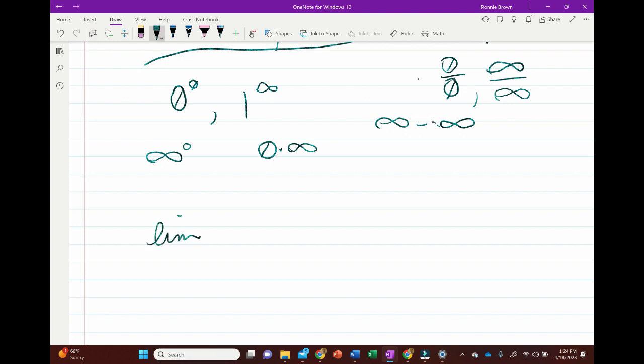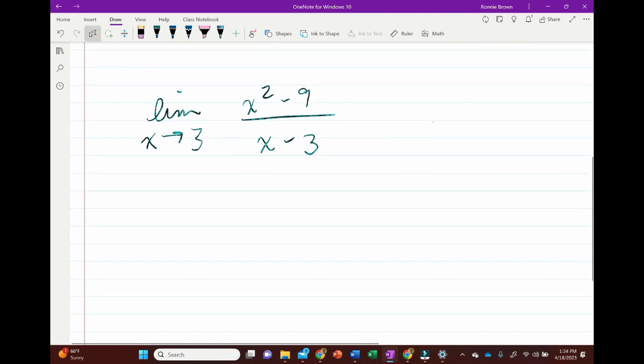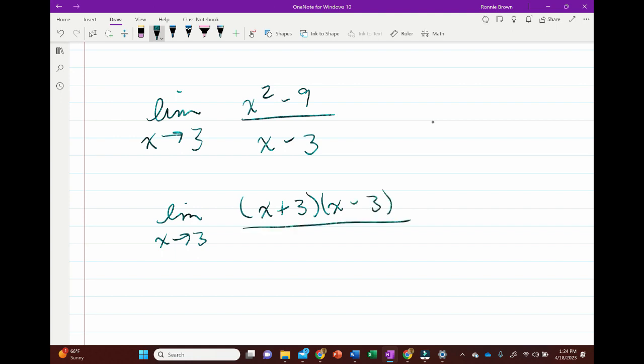So in writing the problem over, the limit as x approaches 3 of x squared minus 9 over x minus 3, we have to go ahead and try to factor. So we would factor that difference of two squares. We would get the limit as x approaches 3 of x plus 3 times x minus 3, right? Not too bad. And then over x minus 3, the x minus 3's will cancel out.